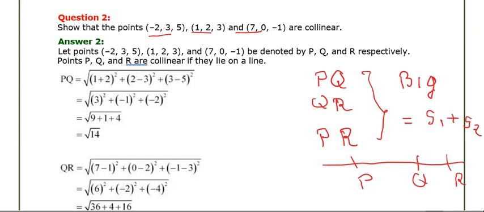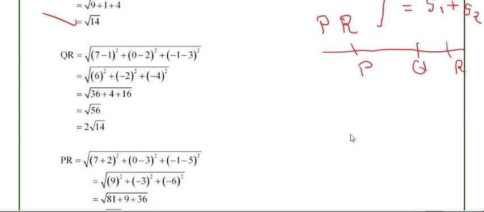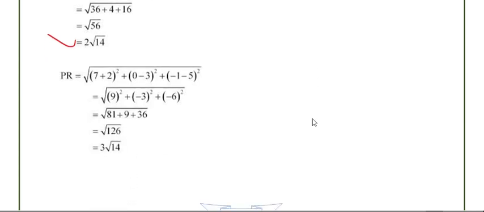Let us see first. First I am applying the distance formula between PQ. So I am getting under root 14. Now I am not explaining the distance formula again. Then similarly, the distance between QR, I am getting 2 under root 14. And finally the third one, PR is 3 under root 14.